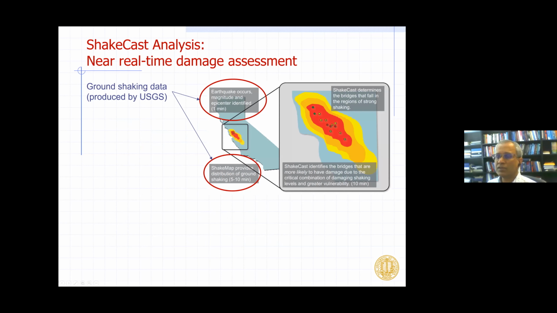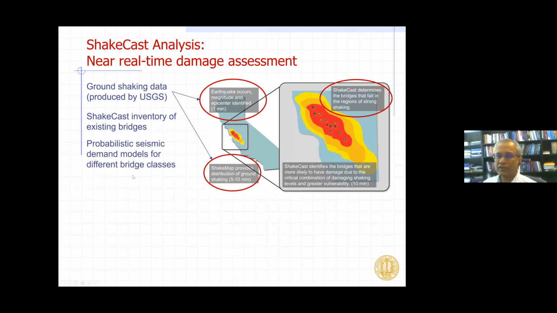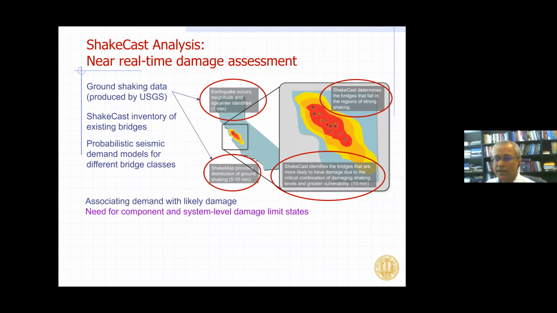So the moment there's an earthquake, USGS generates the ground shaking data, and what ShakeCast does is it looks at its inventory of existing bridges in the vicinity of the earthquake, and then looks at existing demand models in the database to assess possible damage to the bridges around the earthquake. So the idea here is to associate the demand experienced by these bridges with likely damage.